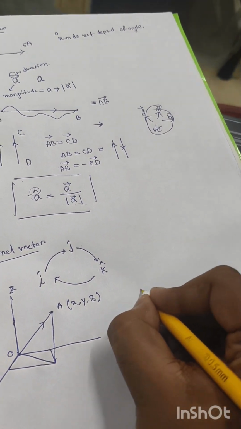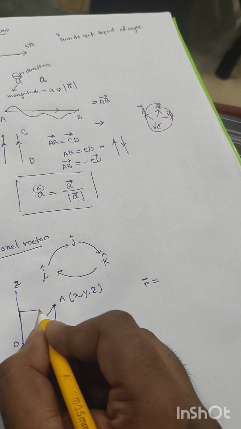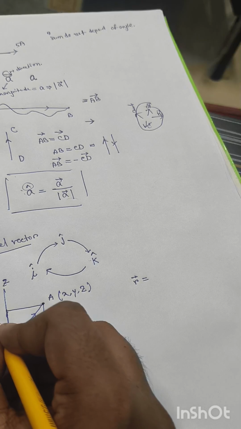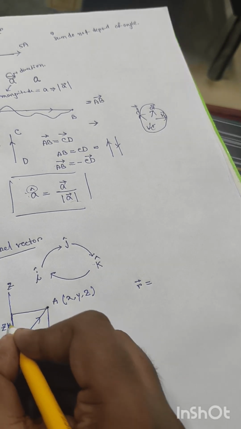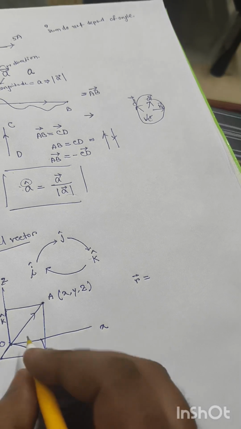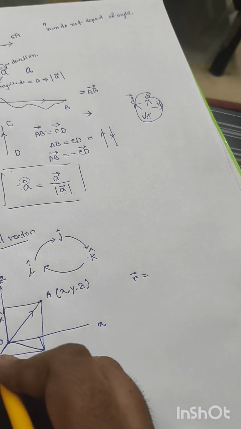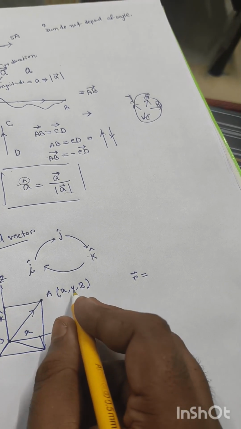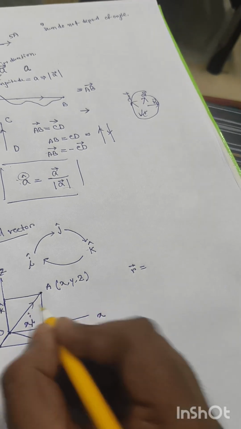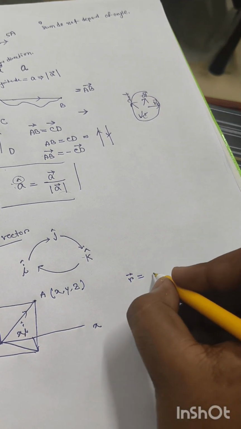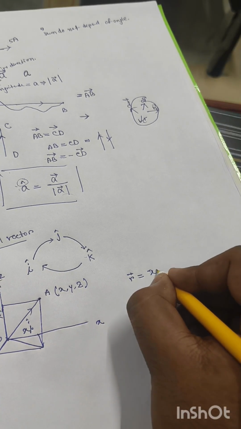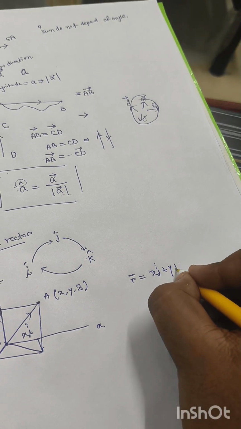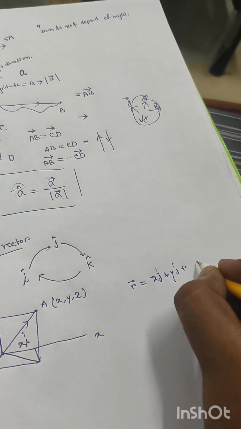Now for this vector, r vector equals x i cap plus y j cap plus z k cap.